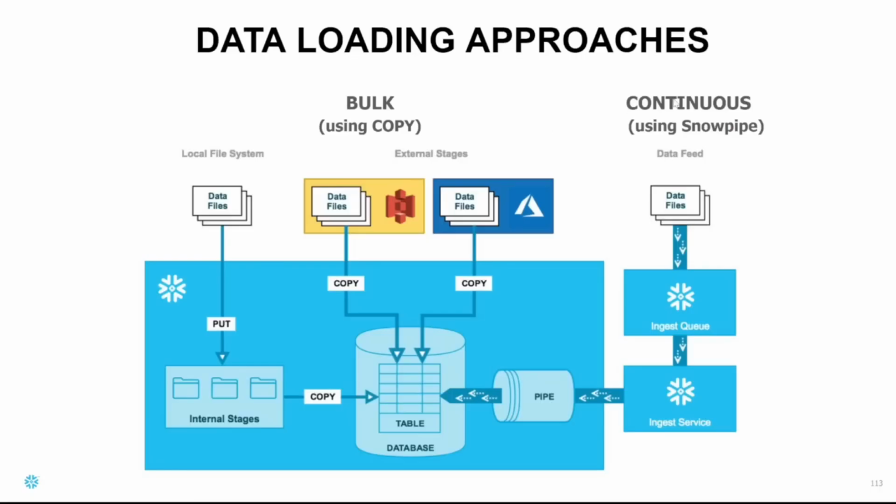The other one is the continuous data loading approach, where we use a Snowpipe to auto ingest the data coming from your external stages through an ingest queue and directly to a table. So these are the two different approaches currently we have in Snowflake to load the data from different stages.